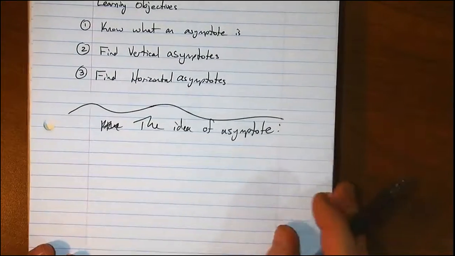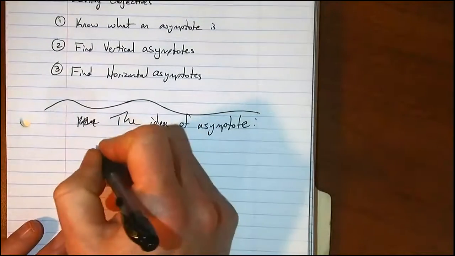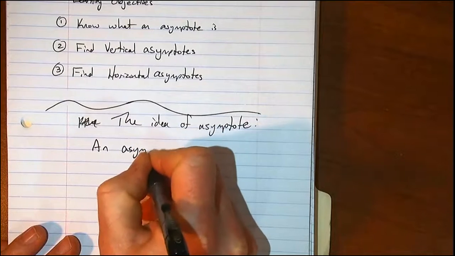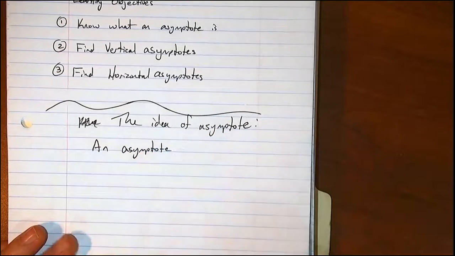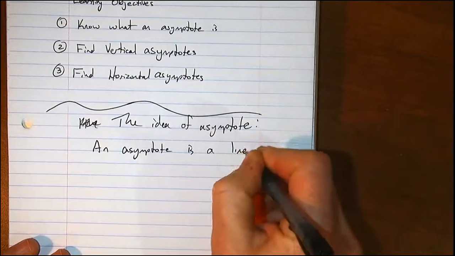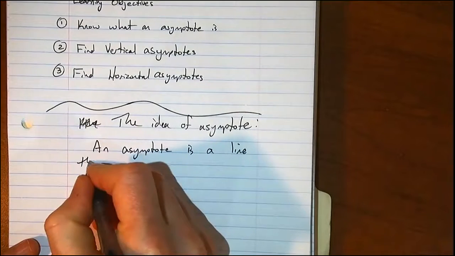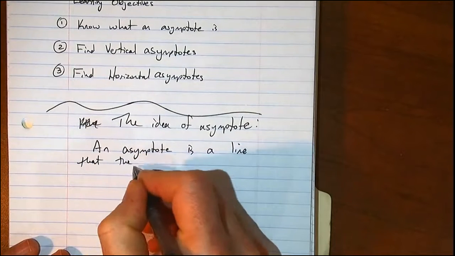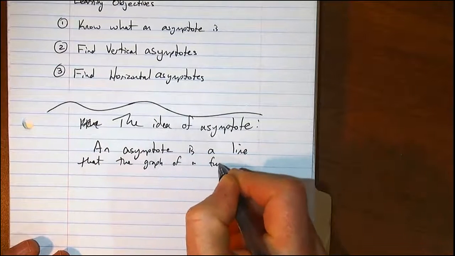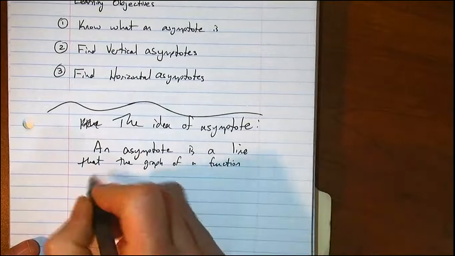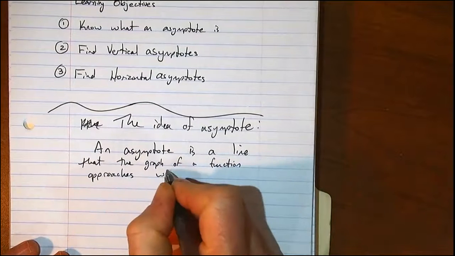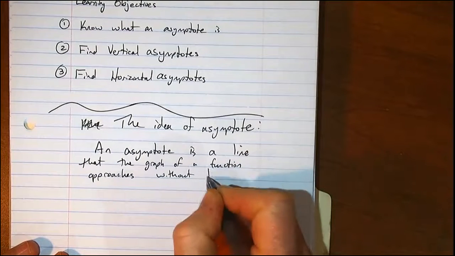It's an idea. And the idea is the asymptote, or an asymptote, is a line that the graph of a function approaches without touching.